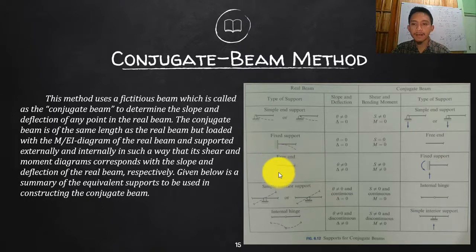If that is originally free, that will become fixed in your conjugate beam. And if you have internal reactions, or an interior support, just like a hinge and roller, a pin and roller, that will become a hinge on the fictitious beam. And if you have a hinge, that will become a roller on your fictitious beam.